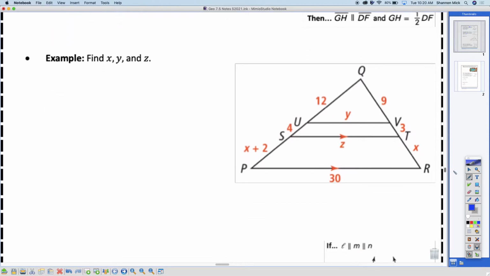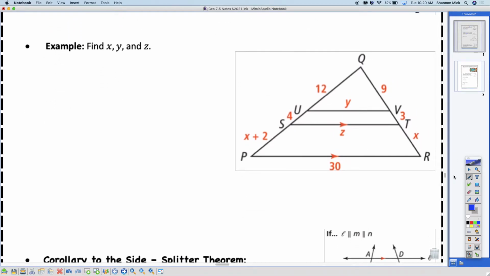Okay, so we have this big picture. We need to find X, Y, and Z. X is down here on this bottom chunk, right? Yeah. And I know that ST is parallel to PR, correct?